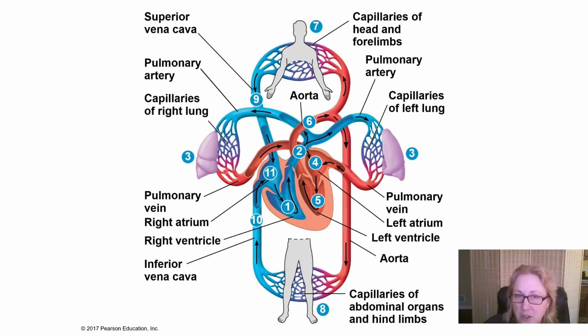It becomes oxygenated. It returns to the heart, to the left atrium, moves to the left ventricle, and then is pumped through the aorta to the rest of the body through the systemic circulation and the systemic capillary beds. Then the deoxygenated blood returns back to the right side of the heart.